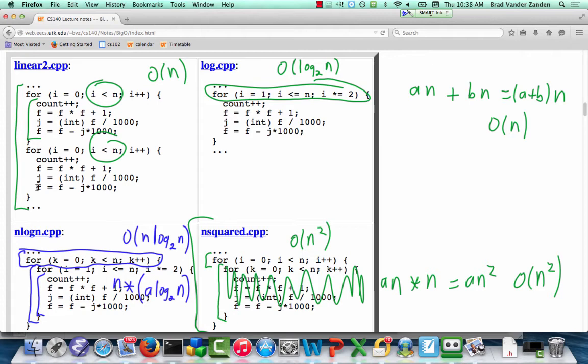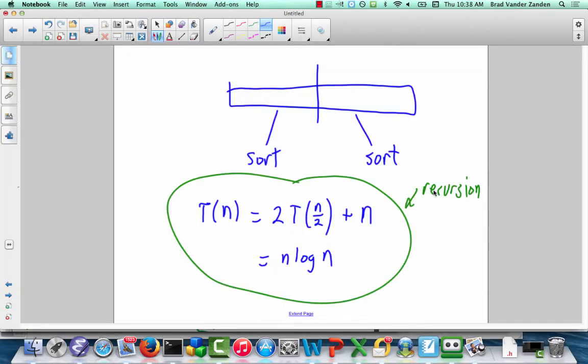Yes, Doug? Are recursive calls linear? No, that's where we got this nasty recurrence relation from, where we were dividing the problem in half each time. Since we divided in half, each half's input was n divided by 2.